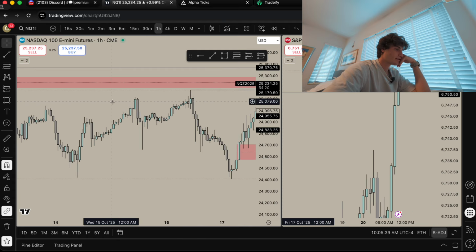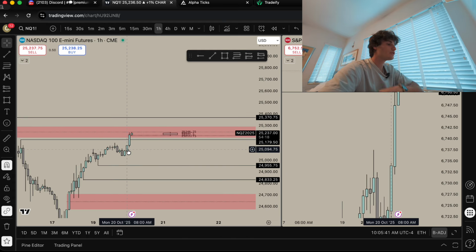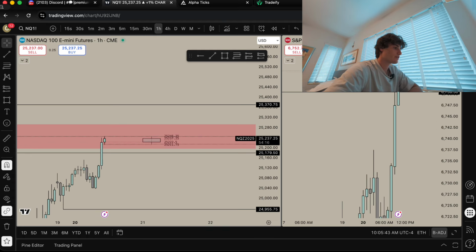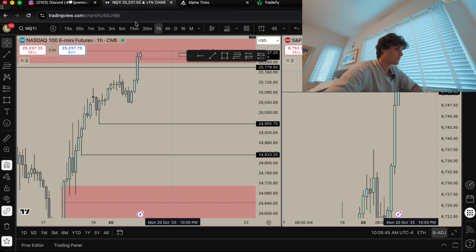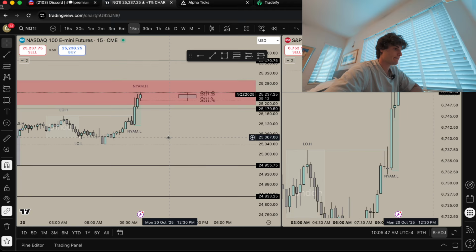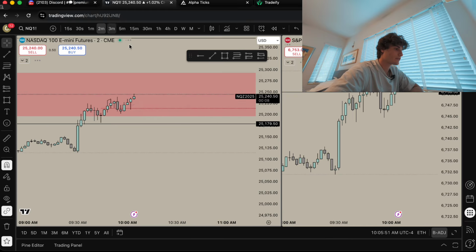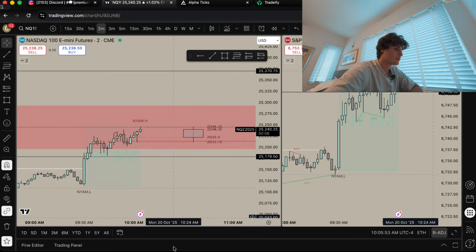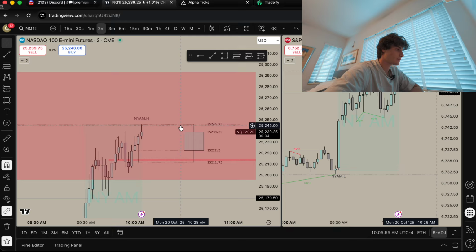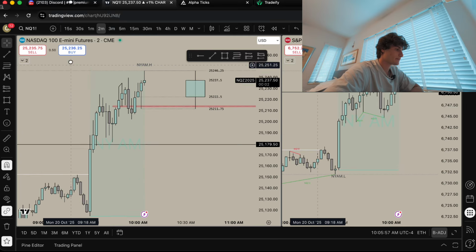That to me looks like a beautiful spot for a reversal here. Also, there's no bottom wick for this 4-hour candle. Come on, man. Give it to me.